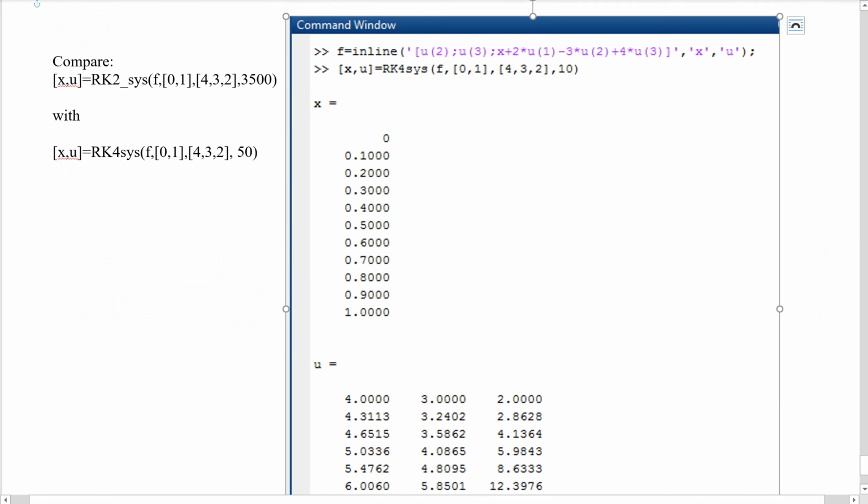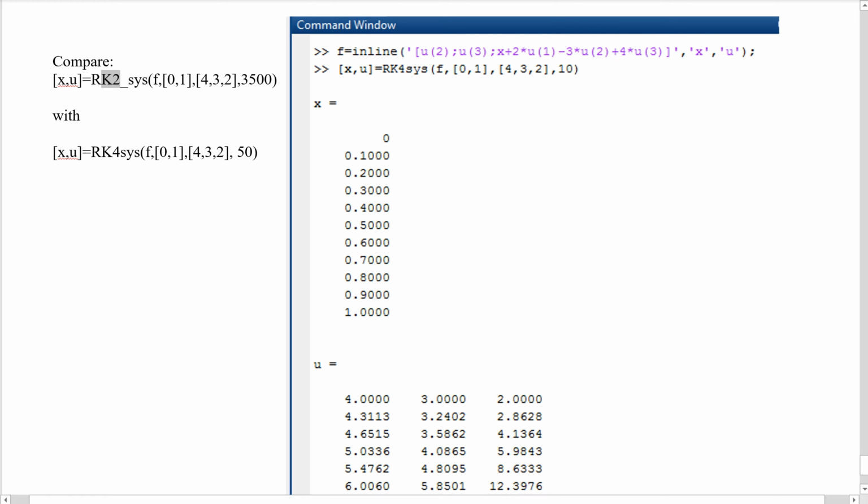So it means 50 subintervals in the RK4 method we get the same answer as 3,500 subintervals of the RK2. Then we can see RK4 is more accurate compared with the RK2. And it makes sense because in RK4 we have 4 K values, and in RK2 there are only 2 K values. Okay, so RK4 should converge, should be more accurate than the RK2.